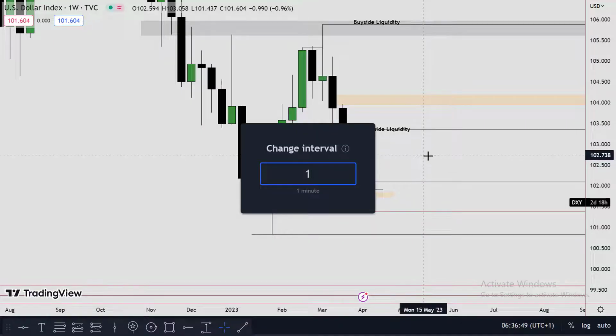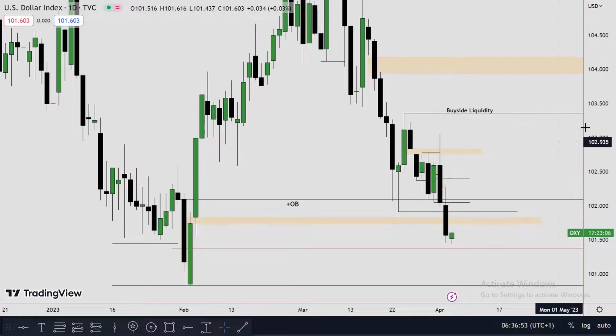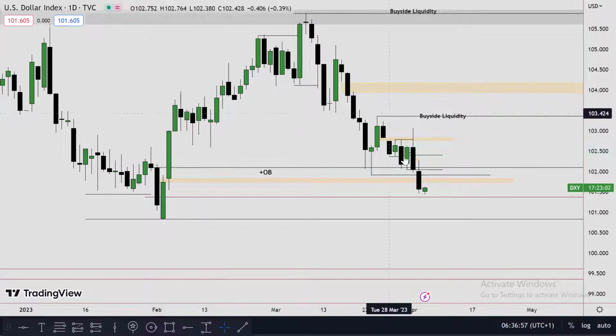Then let's go to the daily time frame and see what that is. On the daily time frame, of course, you know where we are. Price is still sitting on that bullish order block and the bullish breaker.